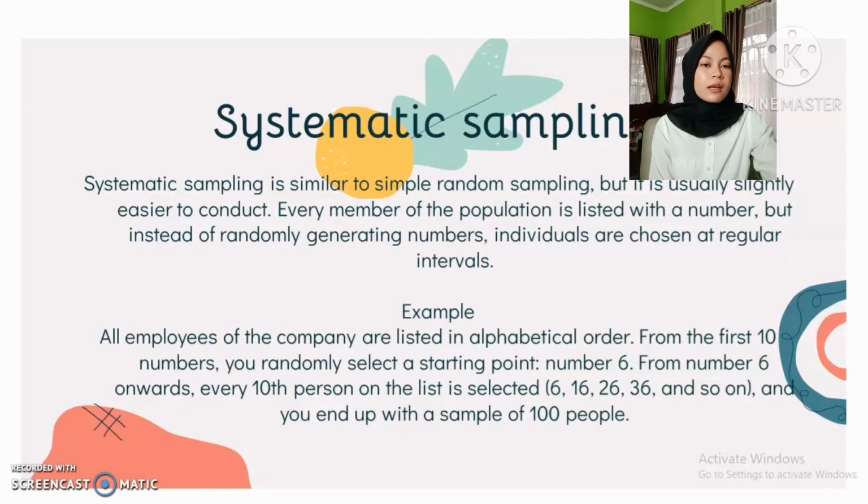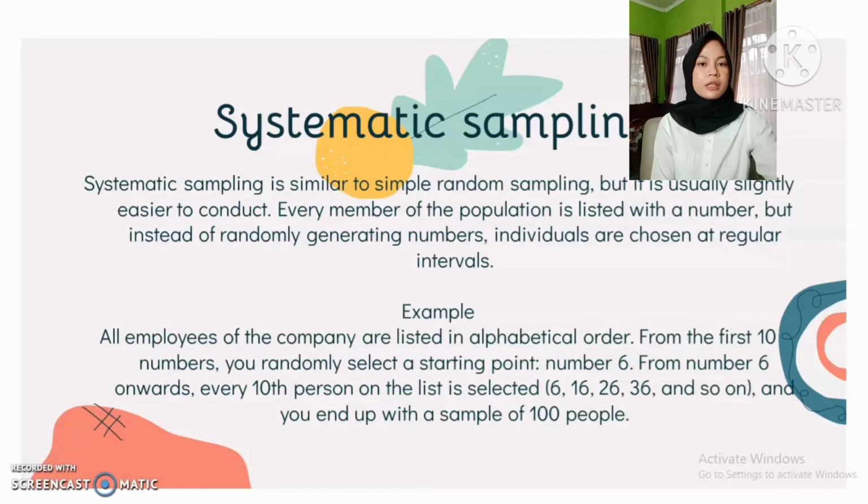From the first 10 numbers, you randomly select a starting point, number 6. From number 6 onwards, every 10th person on the list is selected: 6, 16, 26, 36, and so on. And you end up with a sample of 100 people.